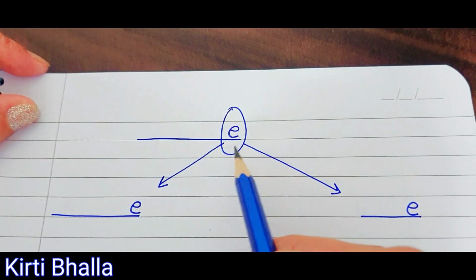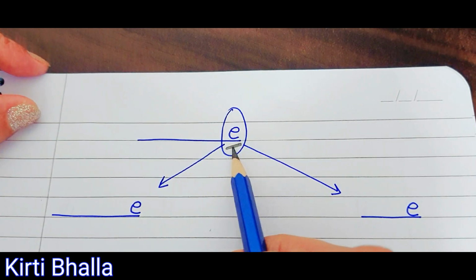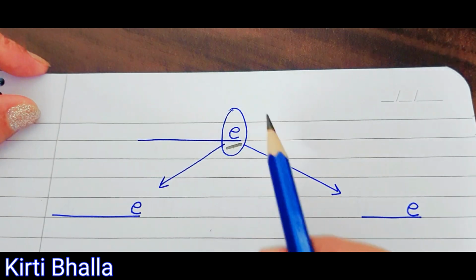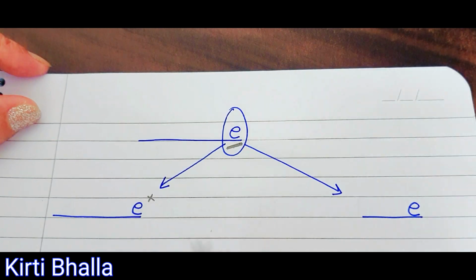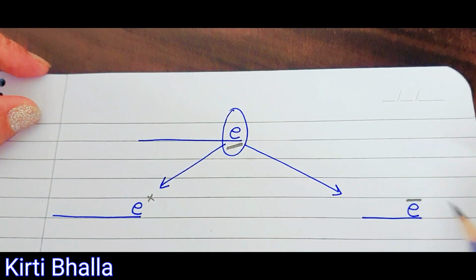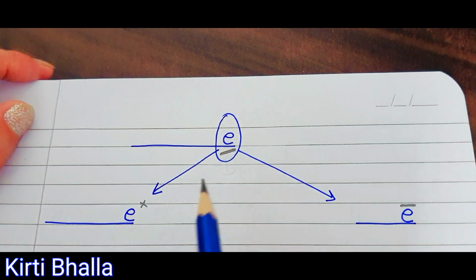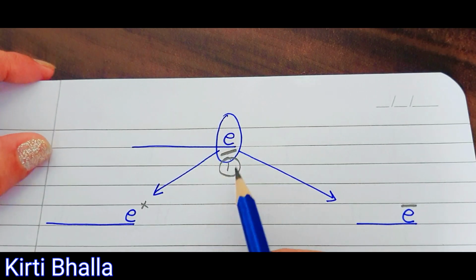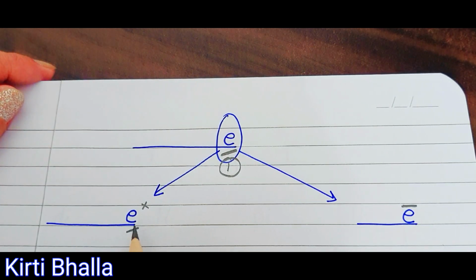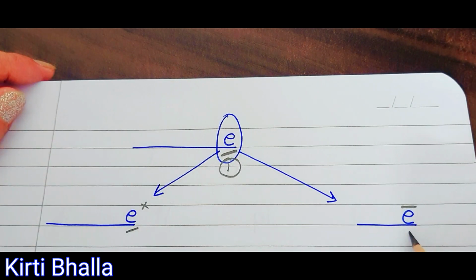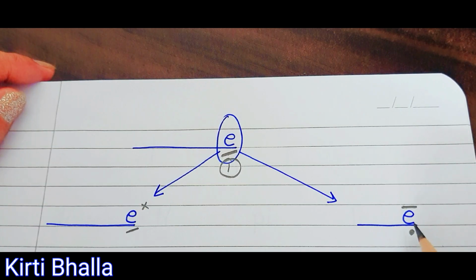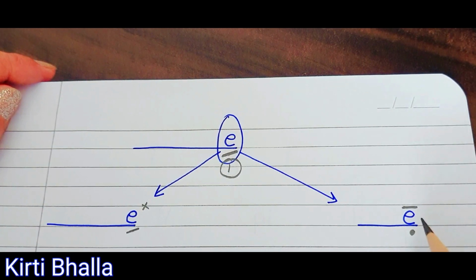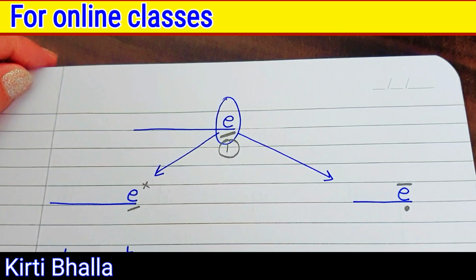Now let's talk about letter E at the end. If there is a single E at the end, then sometimes it goes silent, and sometimes we have to read the name of the letter. I'll repeat again. If there is a single E at the end, sometimes it is silent, we don't read the sound, and sometimes we have to read the long sound, meaning the name of the letter E. And when does that happen?